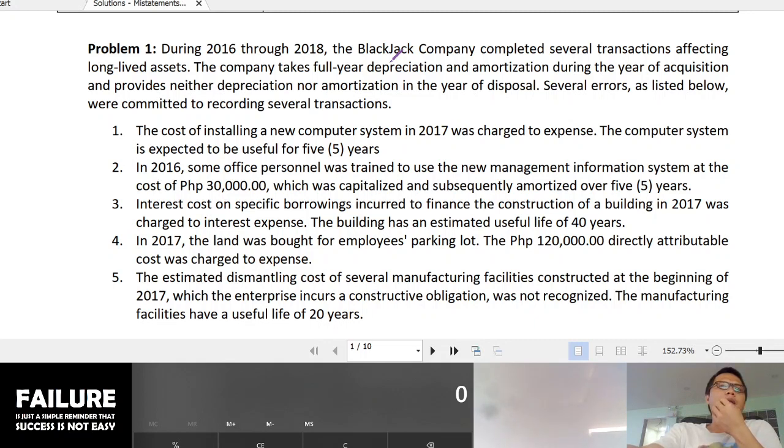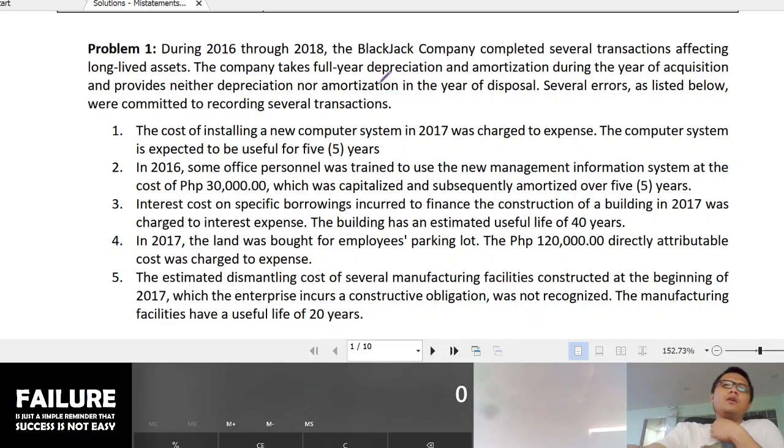You have to remember that, because in making adjusting entries, it is very important for us to know which year we are in, because it affects the focus or the direction of our adjustment.